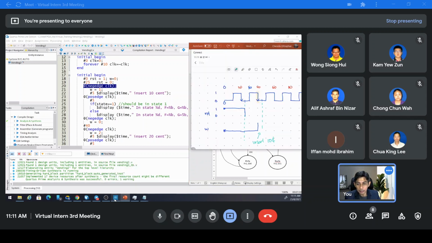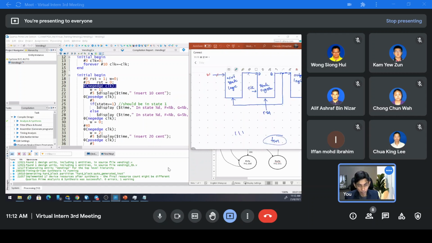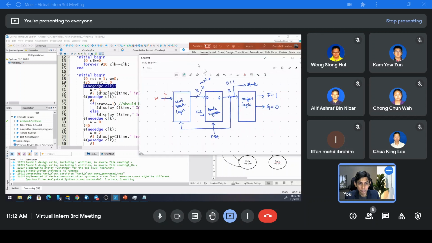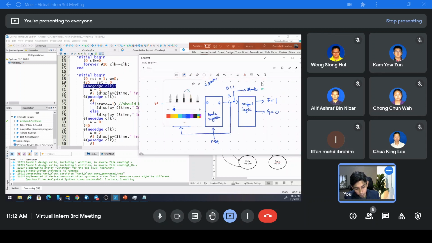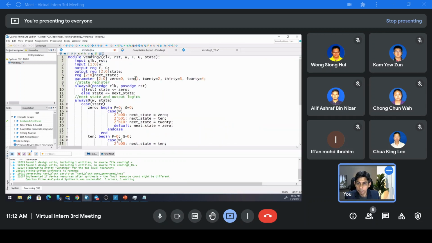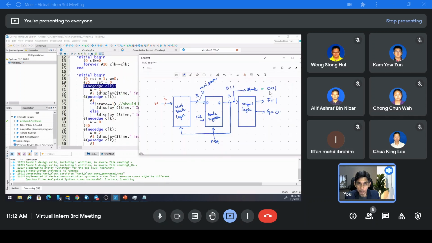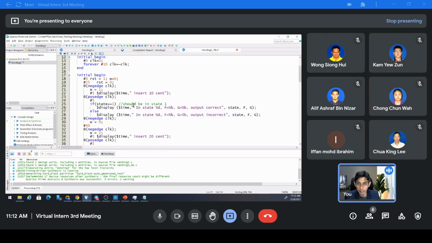We check this signal, the state. So the state must be equal to 0, 0, 1. Let's check here.